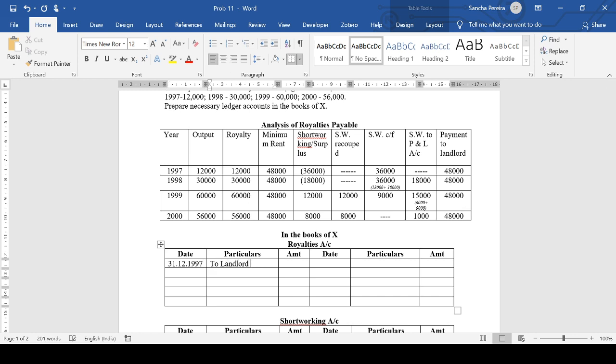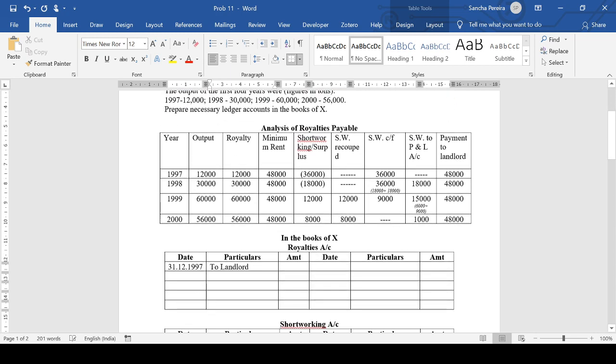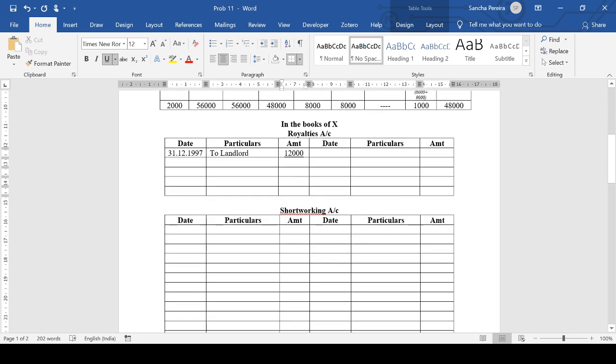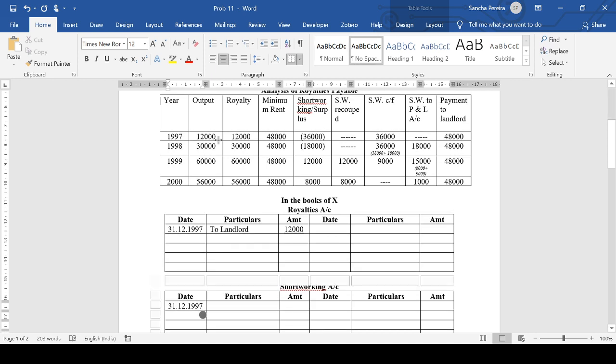We don't have a name for the landlord, so I'm going to call him landlord itself. By the actual royalties, which are 12,000. Similarly, short working in the first year is 36,000.